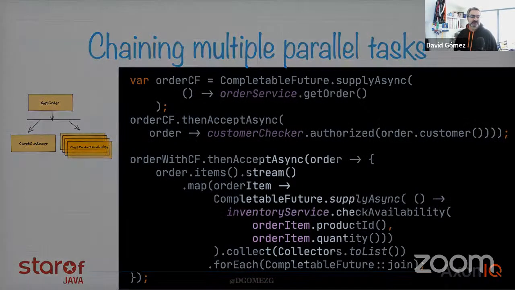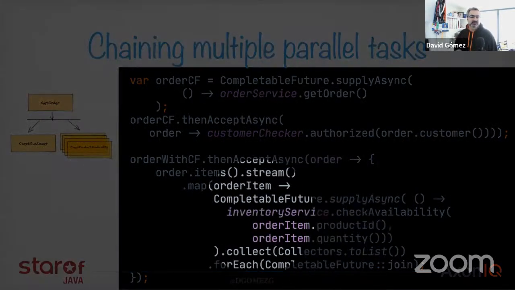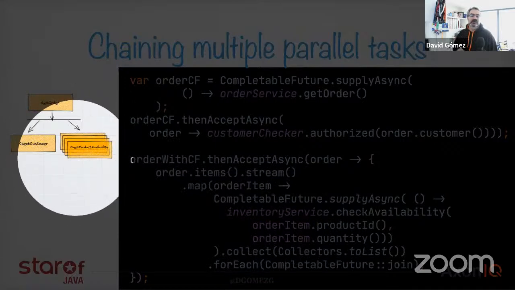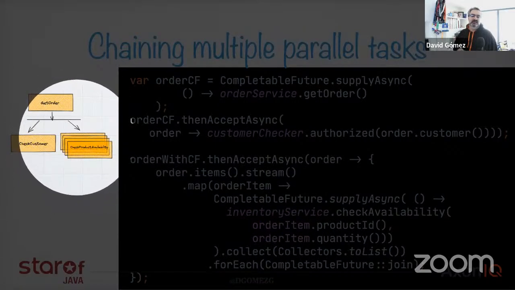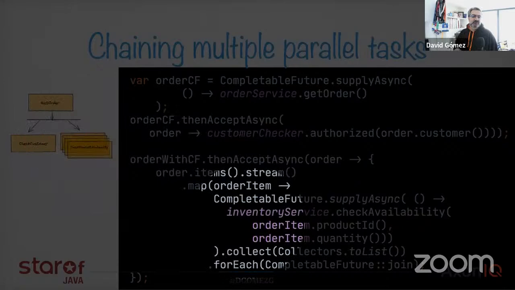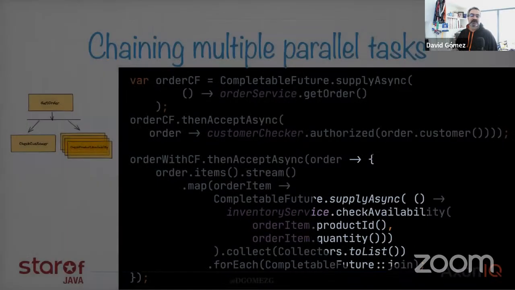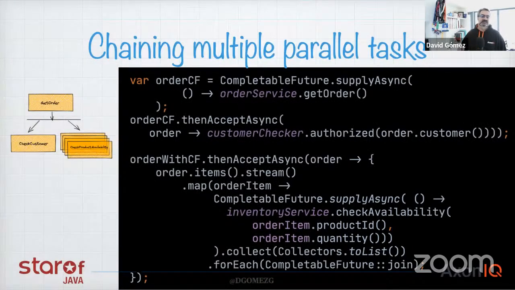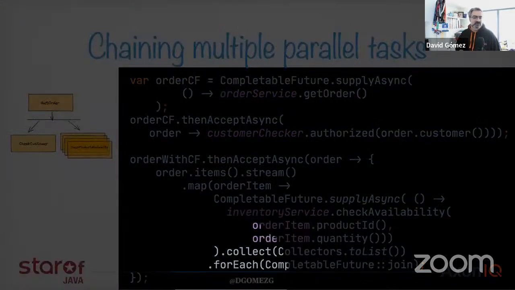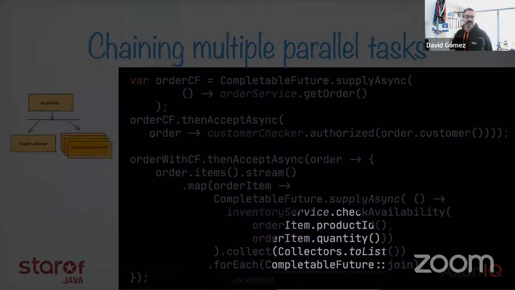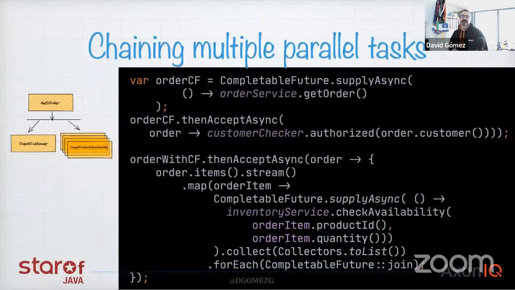And that is going to create as many CompletableFutures as products we have in our order. So for any of these CompletableFutures, we are going to run in parallel this task that is going to check the availability. We are going to collect them, and once we have collected them, we need to check that all of them have finished, so we invoke the CompletableFuture join method.